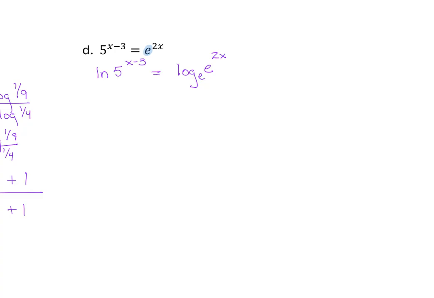All right, from here, we can go ahead and move our exponent down to the front. So we have x minus 3 in parentheses times natural log of 5 equals, and on the right side, my log base e and my e cancel, leaving me with just a 2x.